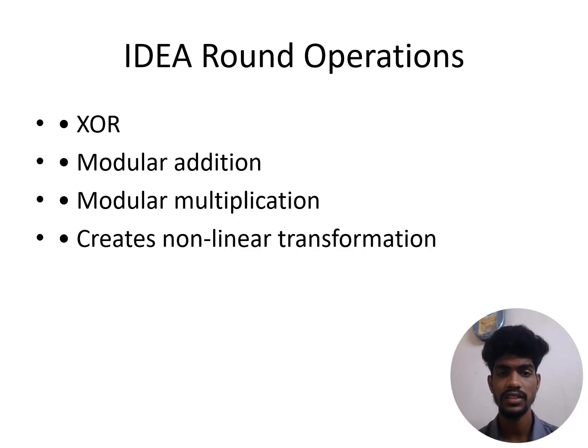XOR provides bit level scrambling, addition mixes values arithmetically, and multiplication introduces non-linearity. When these operations are combined, they produce strong confusion and diffusion that are essential in encryption.